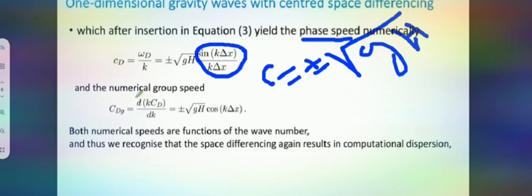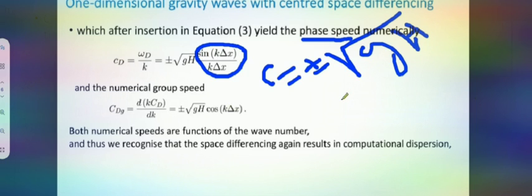Similarly, the numerical group speed, as you have studied analytically in shallow water, Cgd is nothing but minus square root of gH cos of K delta x. And now look at the difference between the phase speed analytical value and numerical value.